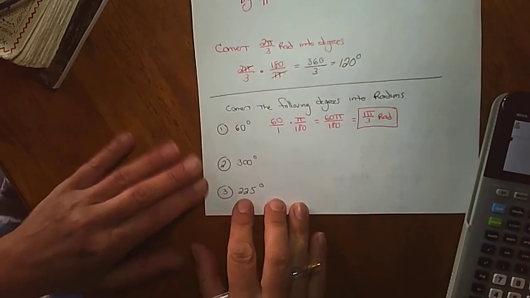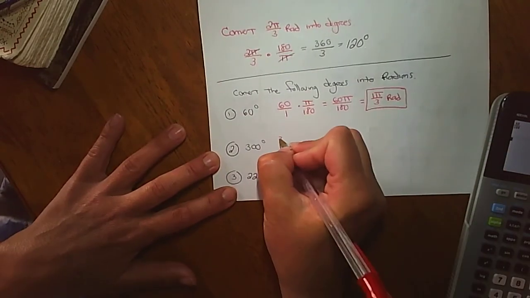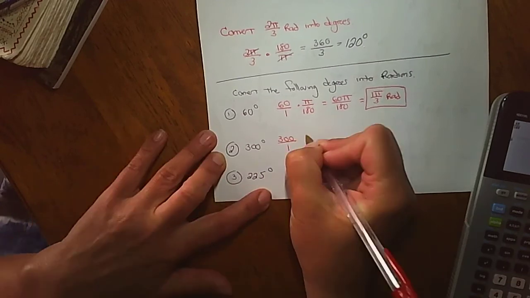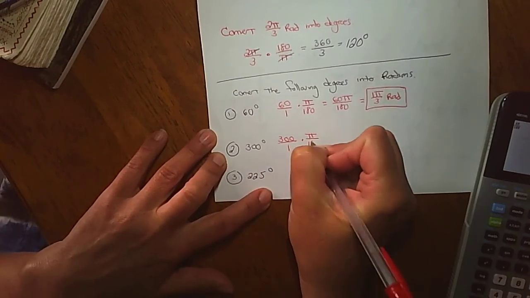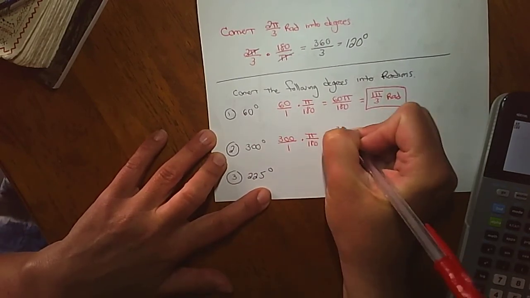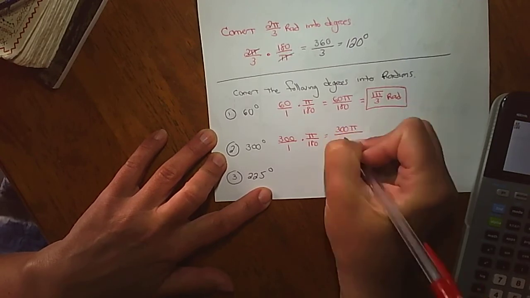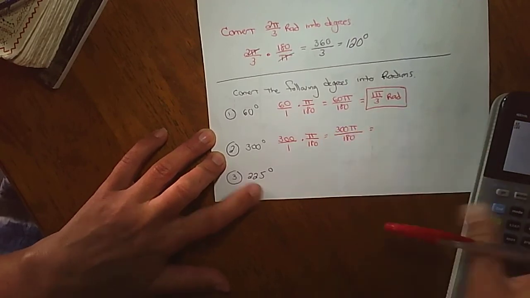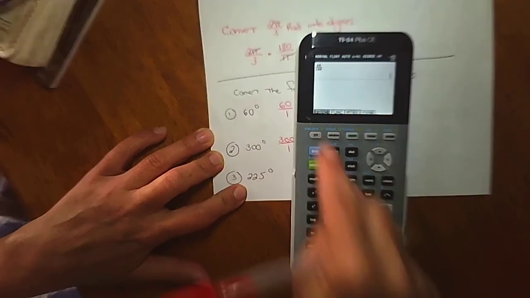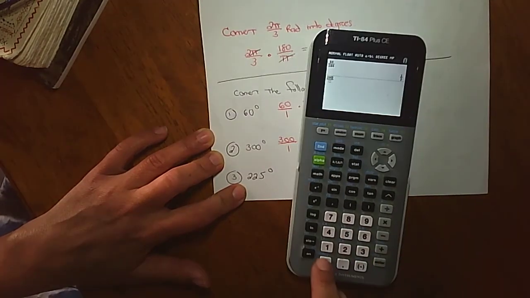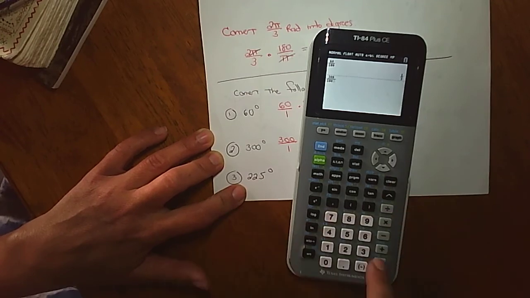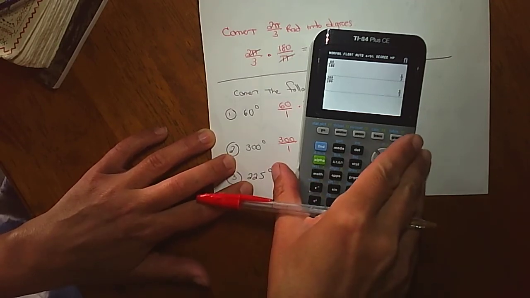Okay. So let's try the next one. Do 300 over 1 times pi over 180. That makes 300 pi over 180. And again, if you want to use your calculators to help you reduce, do the fraction button. Put 300 over 180. Again, don't put the pi in, just the numbers. And it says 5 over 3.